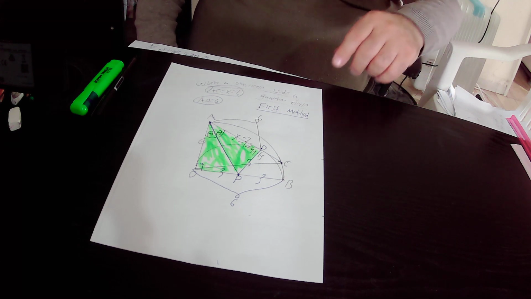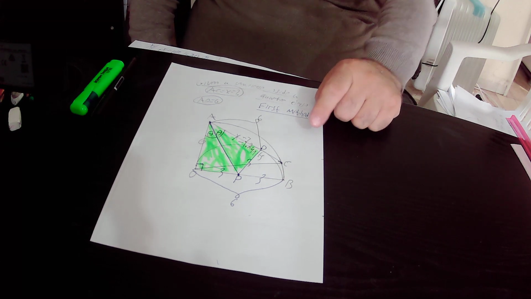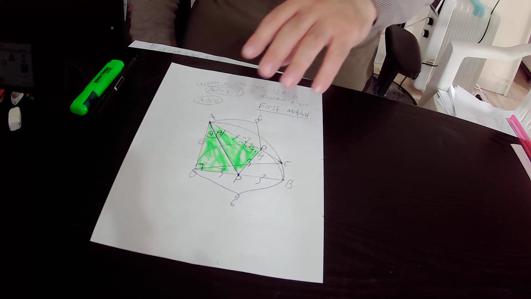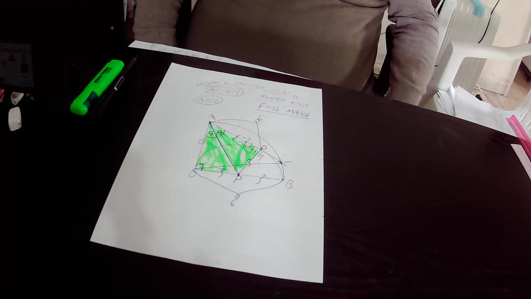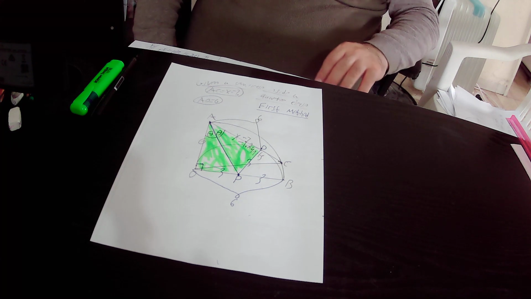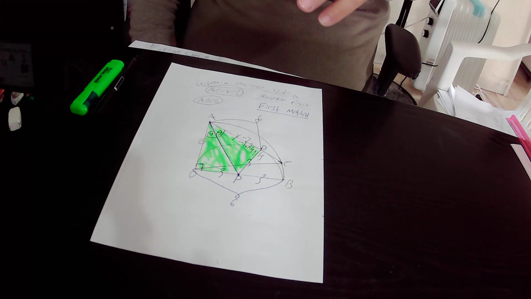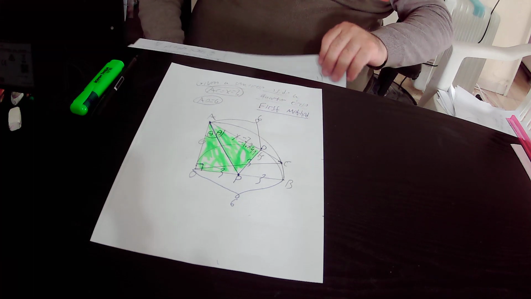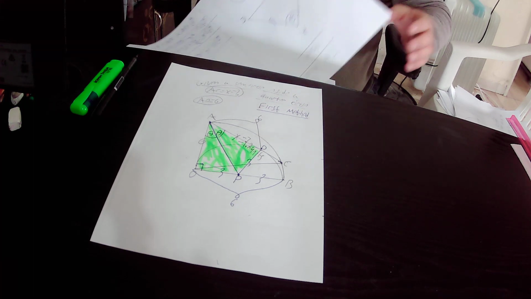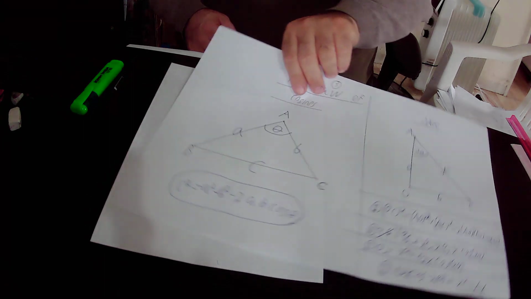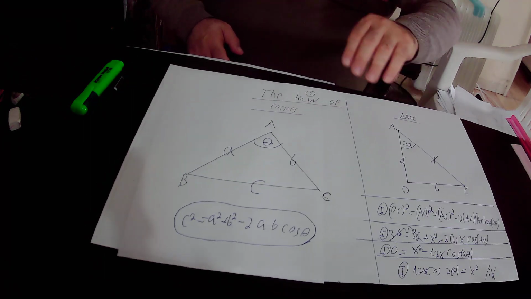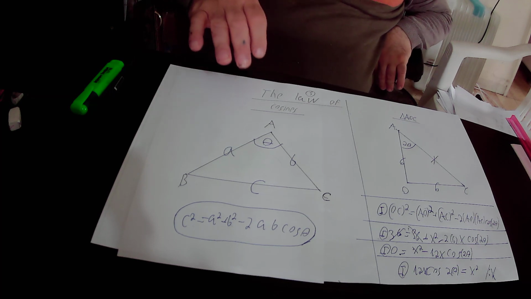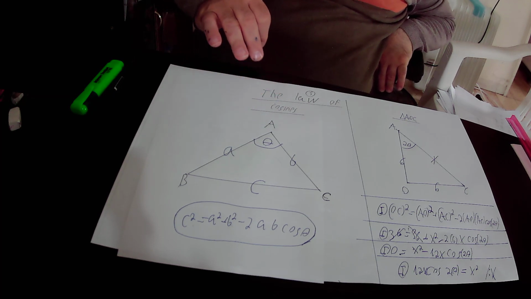Then we join points O and C together by a straight line. So we created triangle AOC. Then I presented to you the law of cosines, and we implement the law of cosines in this triangle AOC. So what is the law of cosines that I already mentioned in the previous lecture? Here we have triangle ABC, that could be any triangle.